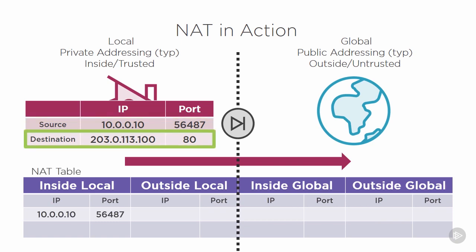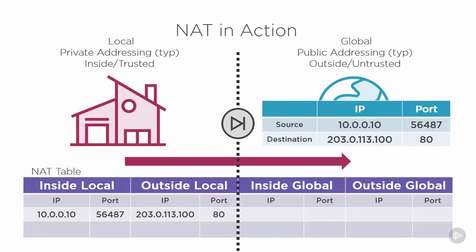We're also going to record our outside local address. This is our destination IP address when the packet is in our local side of NAT. So when it's in the local network, before it moves out to the global network, we record the inside local and the outside local addresses.